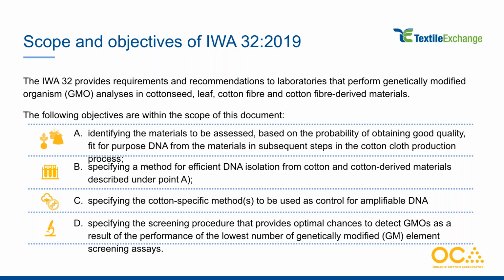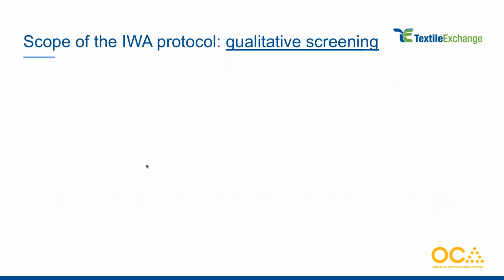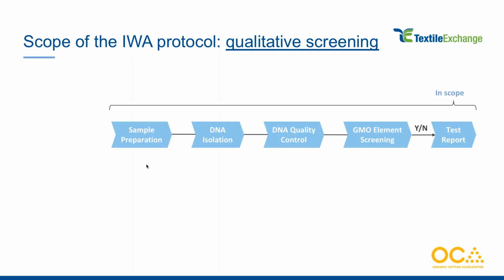So you actually have a high level of assurance of knowing whether your cotton is free or not free of GM. Now, I want to stress the fact that the whole protocol discusses qualitative screening, essentially meaning giving you back answers like: for this sample, there is GM detected or there is not any GM detected.